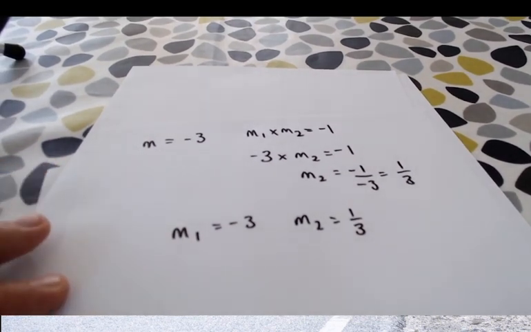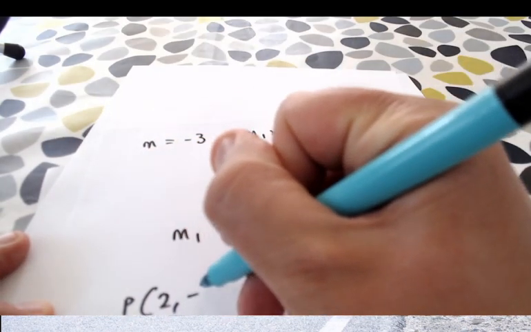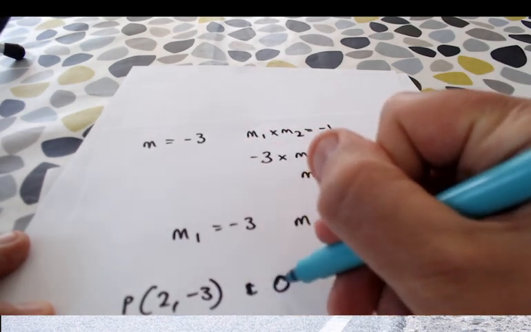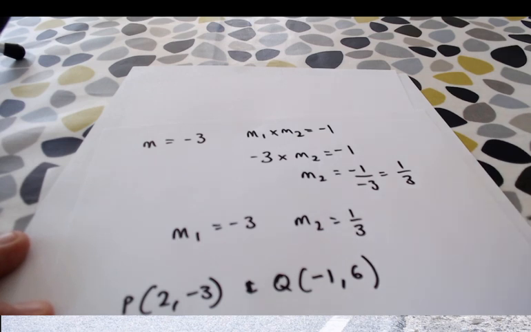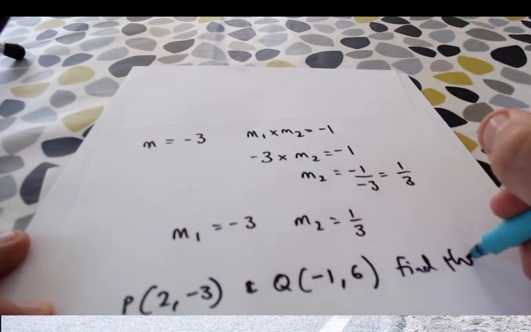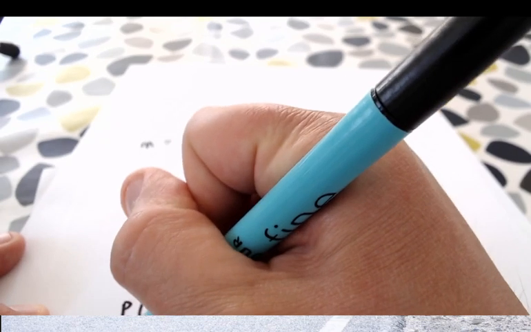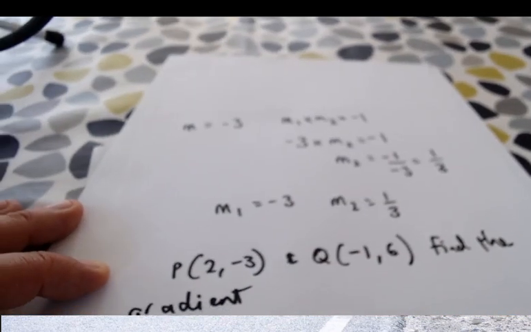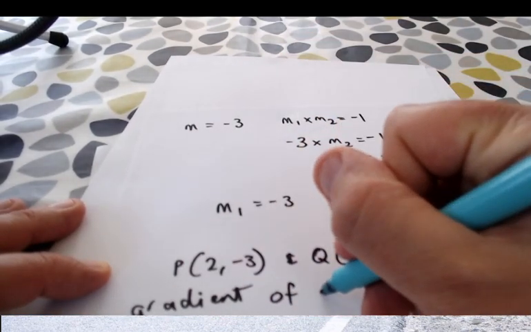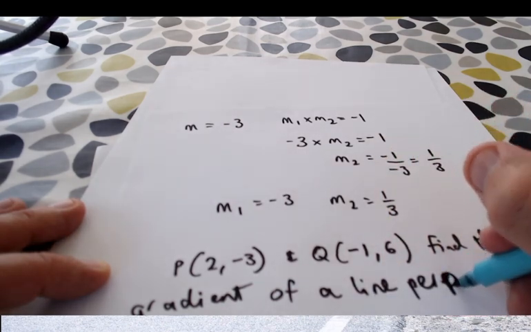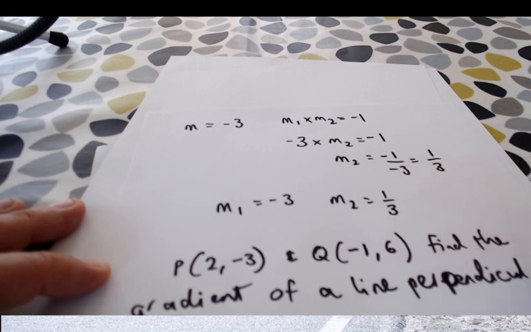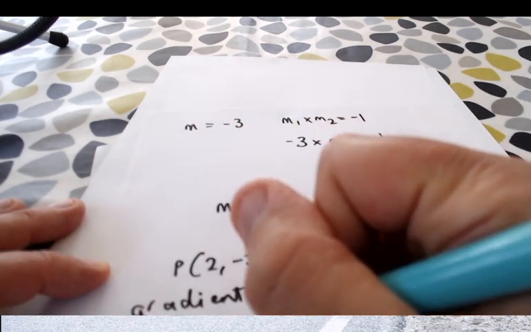Okay, now what if I had points? What if I told you that I had P, which is the point (2, minus 3), and we have Q, which is the point (minus 1, 6), and I want you to find the gradient of a line perpendicular to PQ.